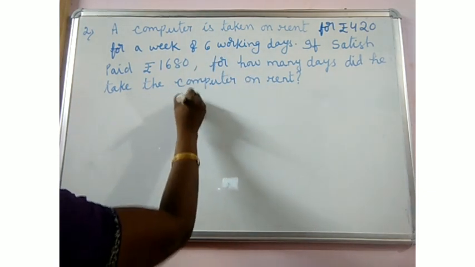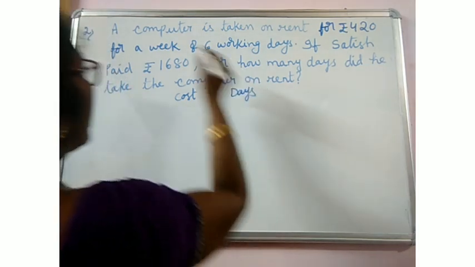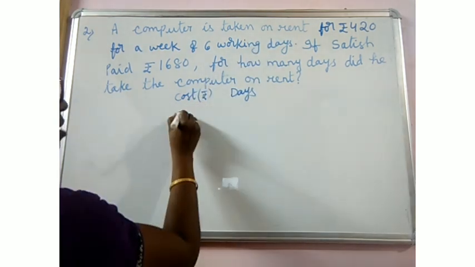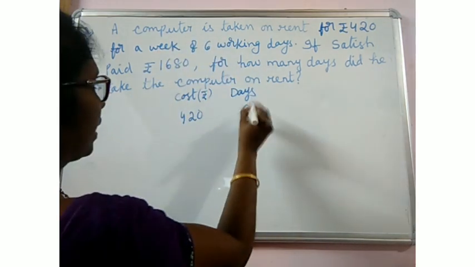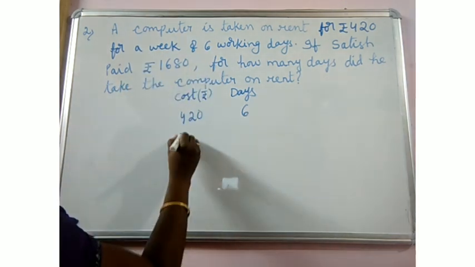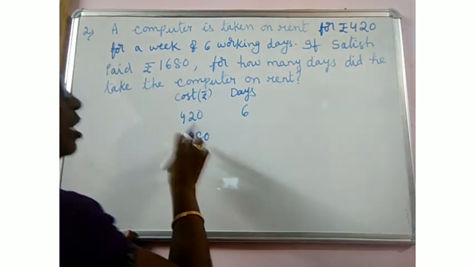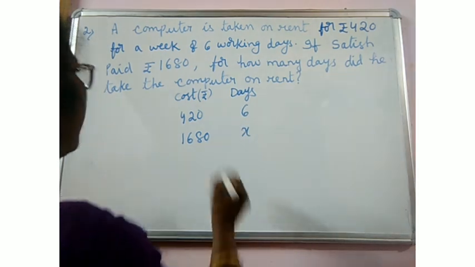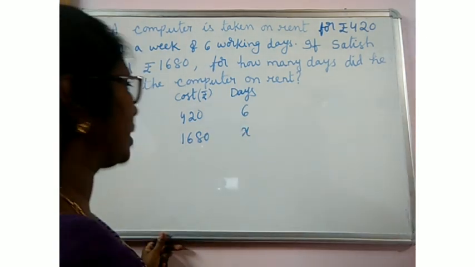So cost or payment, and here is number of days. 420 rupees is the price for 6 working days. For 1680 rupees, we don't know for how many days. Let us take that number of days as X days.